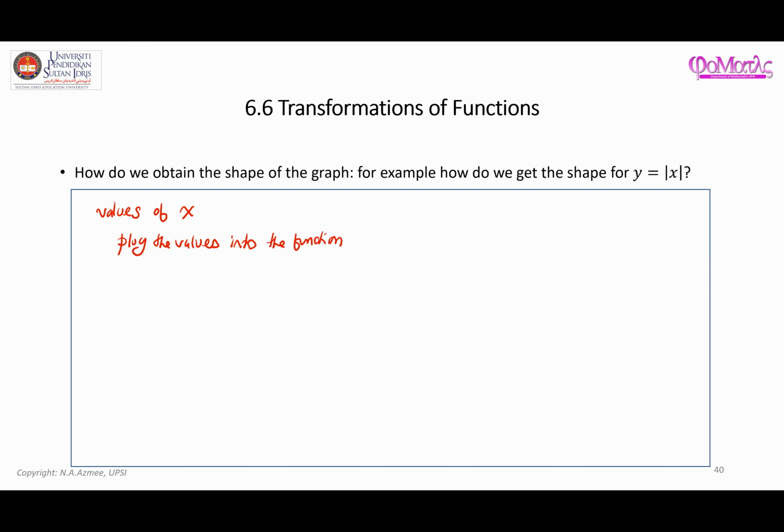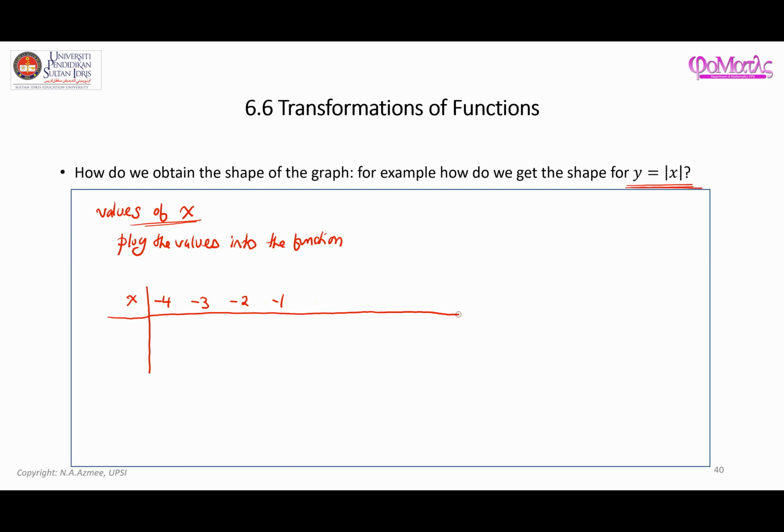So as an example, how do we get the shape for y is equal to the absolute value of x? Like I said, if you have no idea whatsoever, you can start by thinking of what values x can take. And it is always wise to think about easy values of x. For example, values that are easy to calculate, like -4 maybe, -3, -2, -1.